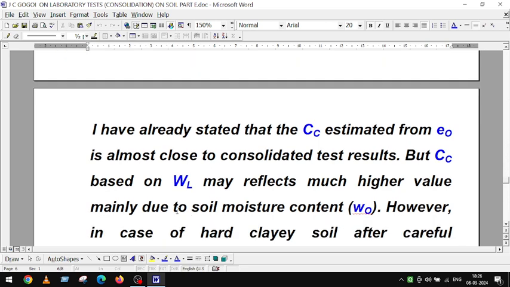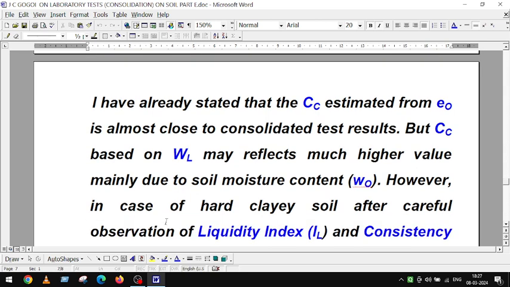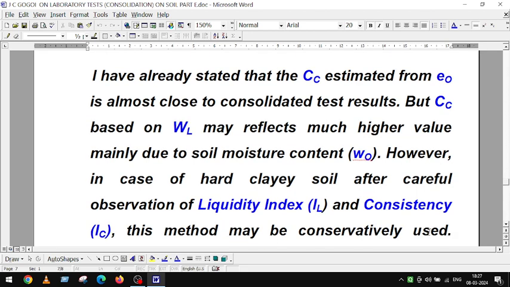However, in case of hard clay soil, after careful observation of the liquidity index, earlier it was termed relative consistency. Now it is termed liquidity index and consistency index. Sorry, I made a mistake.